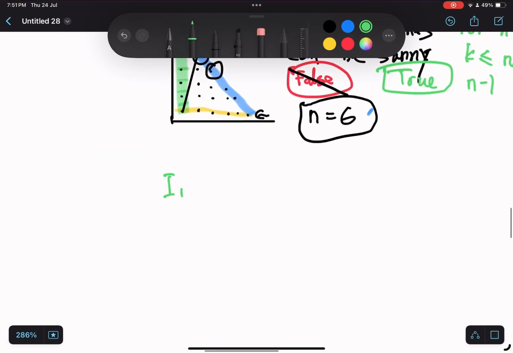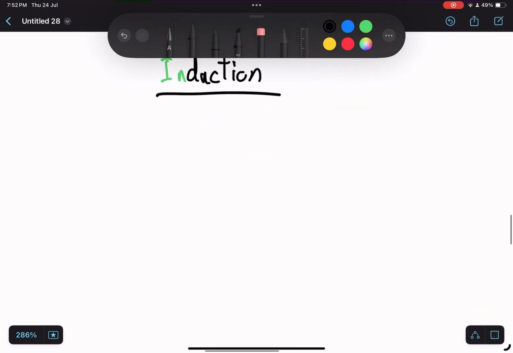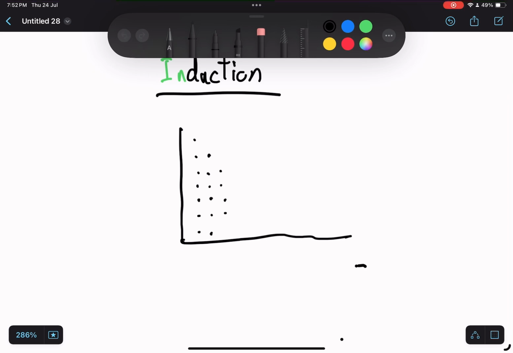Now let's go on to a more rigorous proof, which uses a technique called induction. So let's start with an arbitrary case. You can see here that n equals 7, but let's imagine it's a lot of n. It doesn't have to be a set amount.